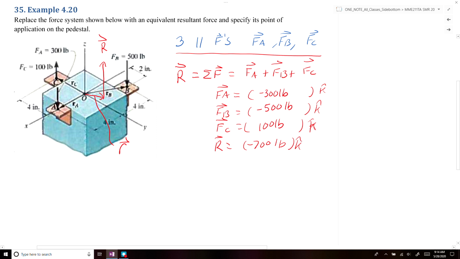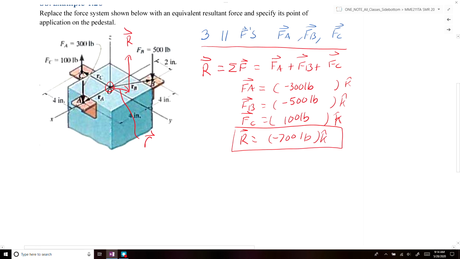All right, so we have our resultant force. The next thing we need to do is calculate the moment caused by all of our forces about our origin point.